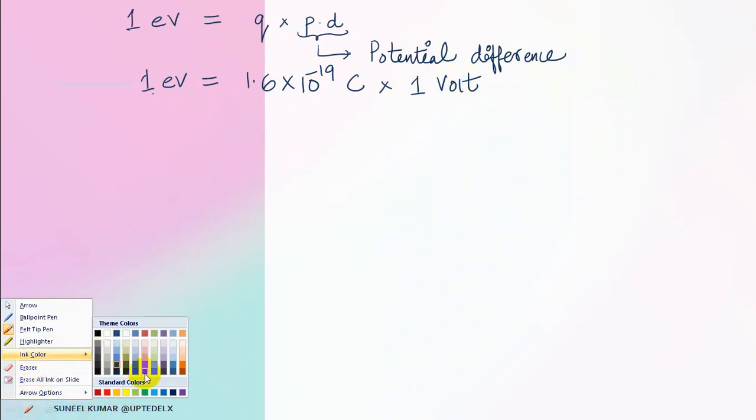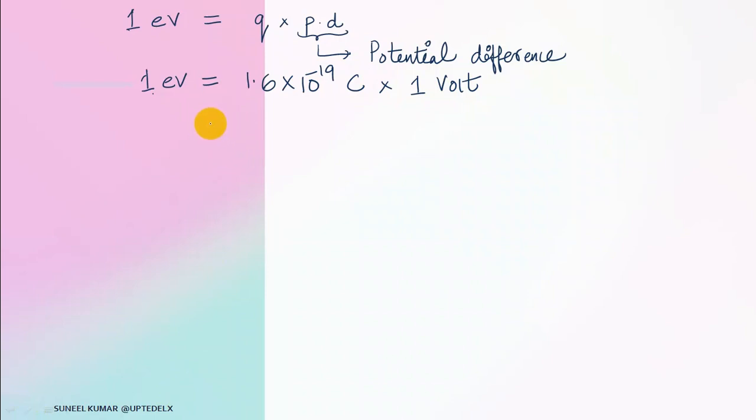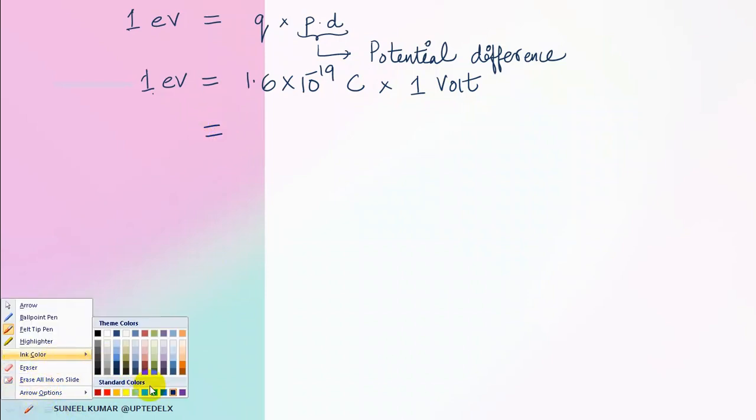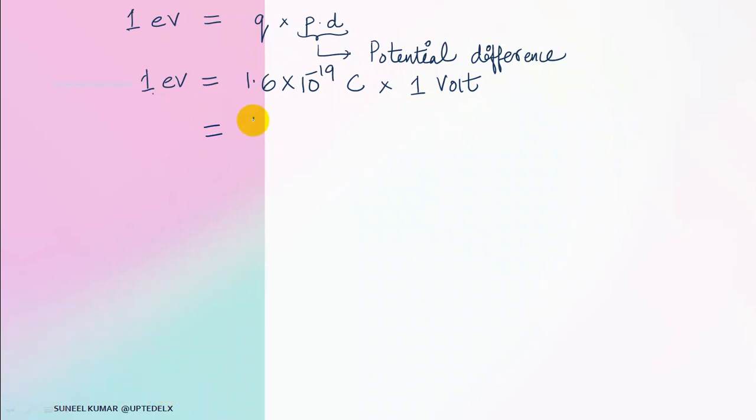Now this will be equal to 1.6 into 10 to the power minus 19, and coulomb times volt will be joule.